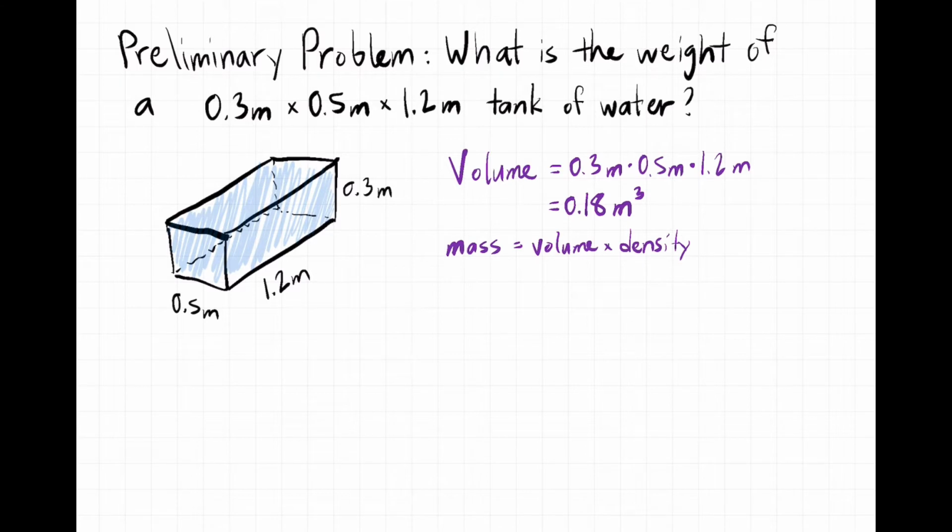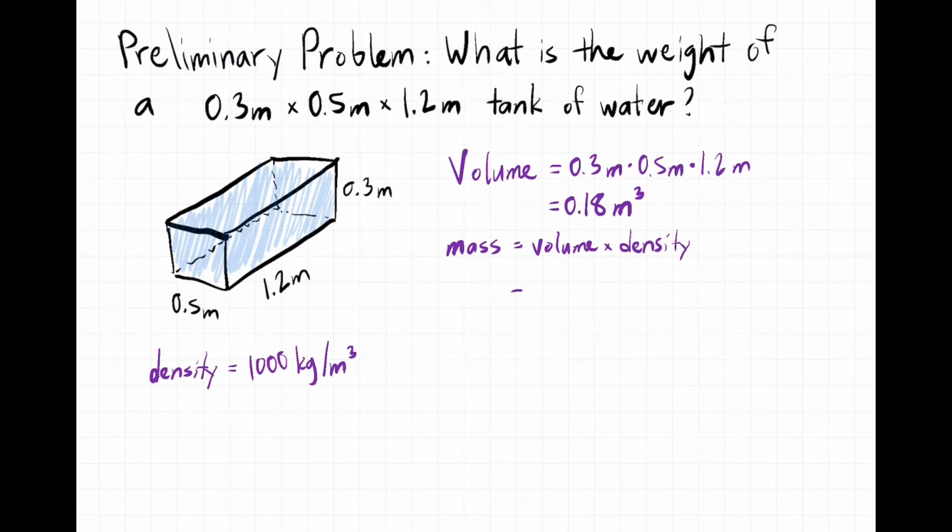The density of water in metric, I'll write down here in the lower left, is 1,000 kilograms per cubic meter. Now that's true when water is at its most dense, which is at about 4 degrees Celsius, and if it's pure water. If there's anything else dissolved in that water, or if the water is at a different temperature, the density may be different. But we'll just take this assumption for now.